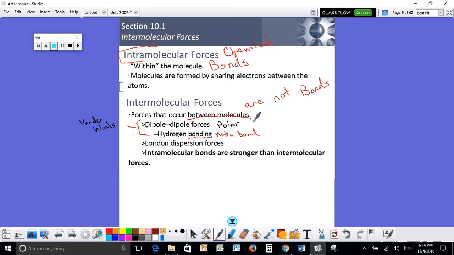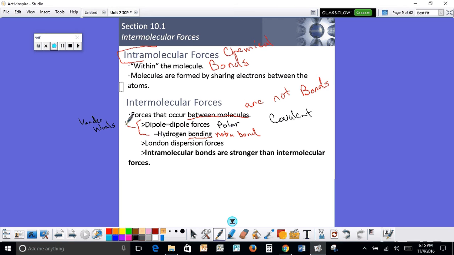And understand that intermolecular forces are always going to happen in covalently bonded compounds. Intermolecular forces do not occur in ionic bonds. Ionic bonds form ionic bonds. All right.